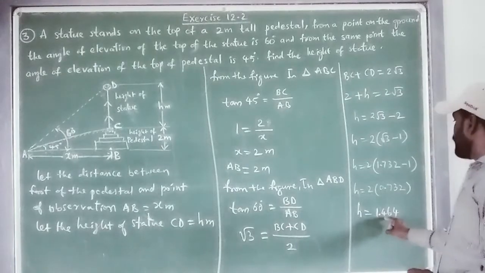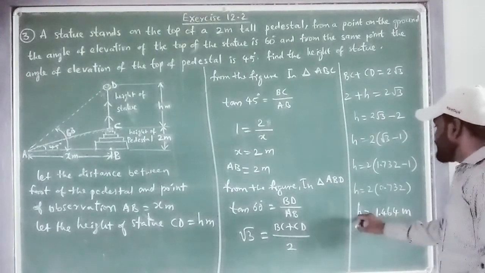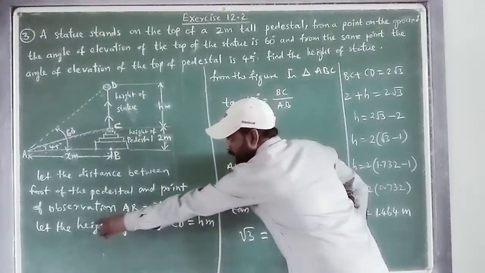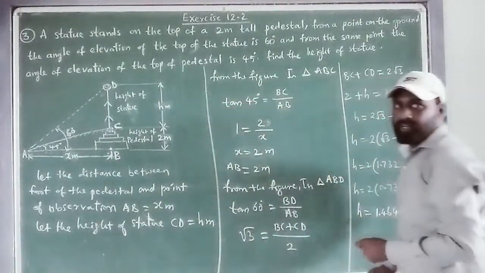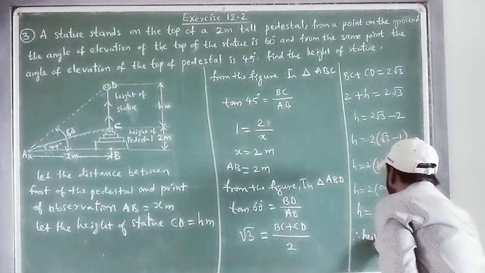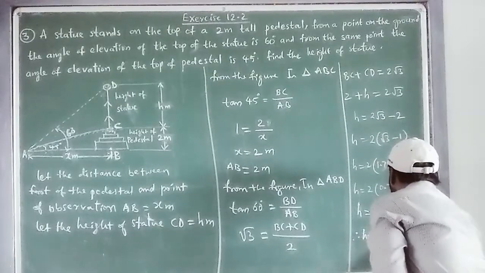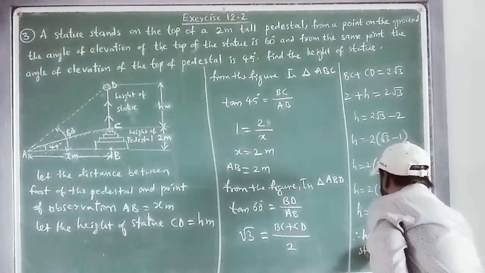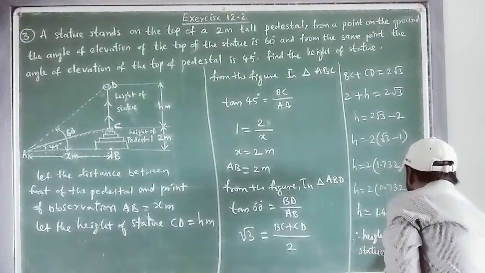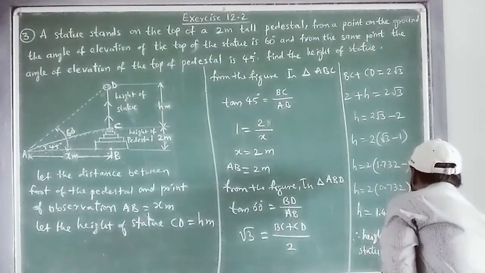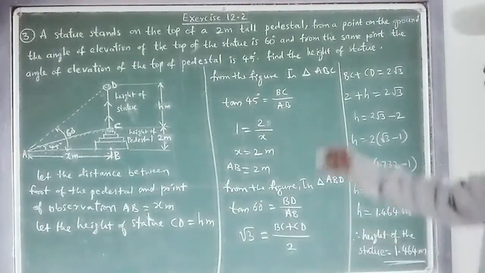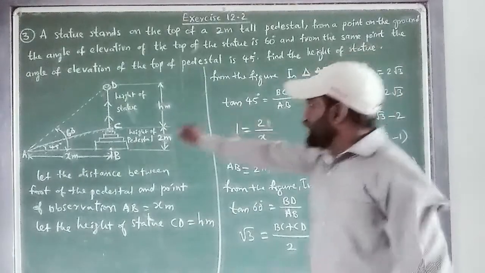So 1.464 meters, which is H. H is nothing but the height of the statue, which is required to find. Which is how much we got? 1.464 meters.